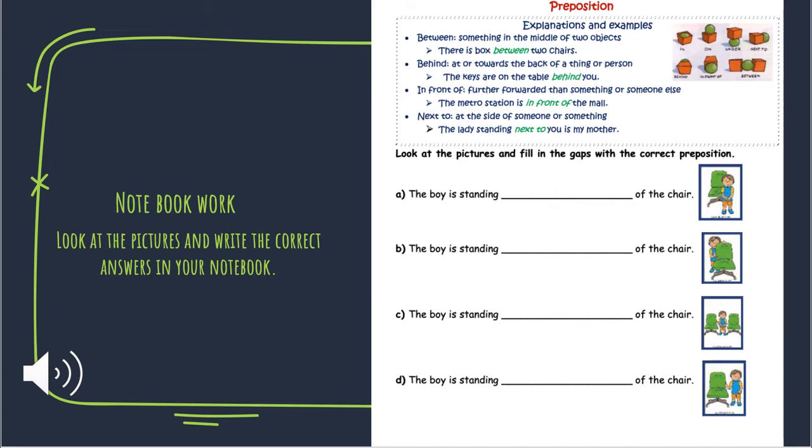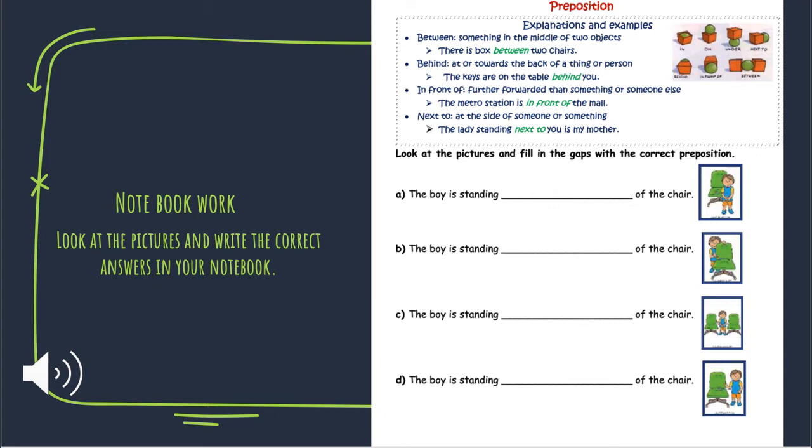If the boy is in front of the chair, that time you have to use in front of. If the boy is at the back side of the chair, that means behind. If he is in the middle of the chairs, that means between. And if he is beside the chair, you have to use next to.